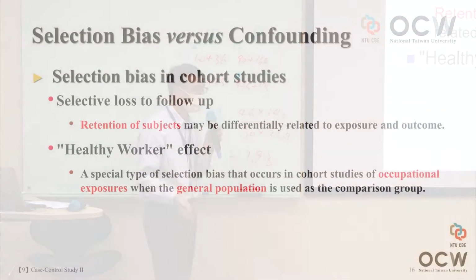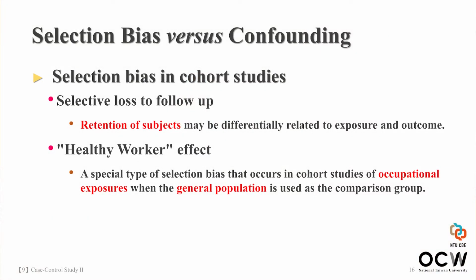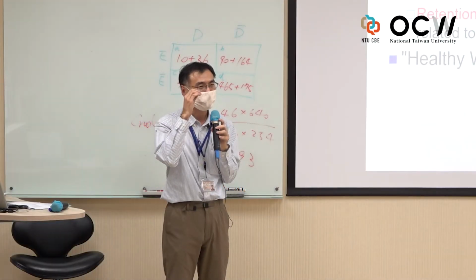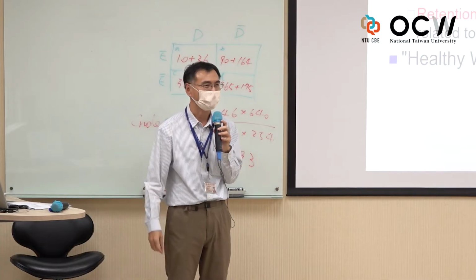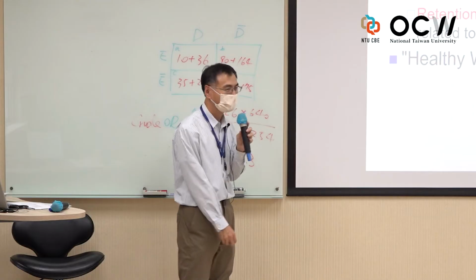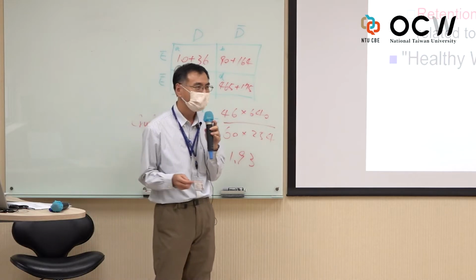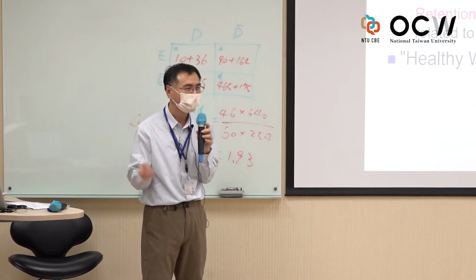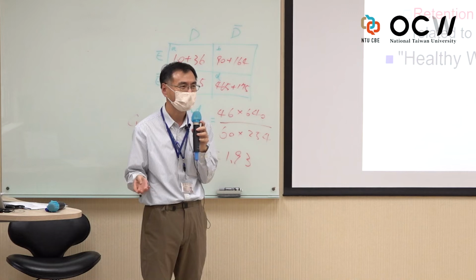Okay? And a great example is the healthy worker effect. In cohort study, generally we follow up a group of people with a special exposure, right? And compare it to the general population. Remember, they could do the adjustment of confounders by standardization or matching, and so on. But in some cases, we assume in our hypothesis that the exposure is harmful to health.